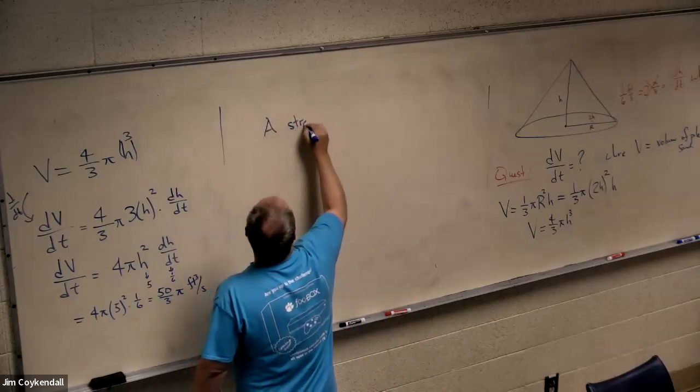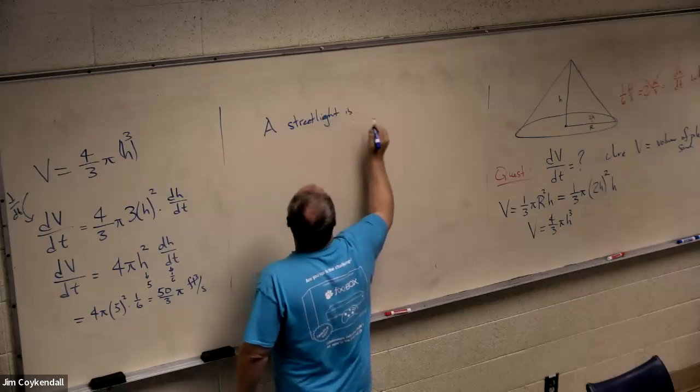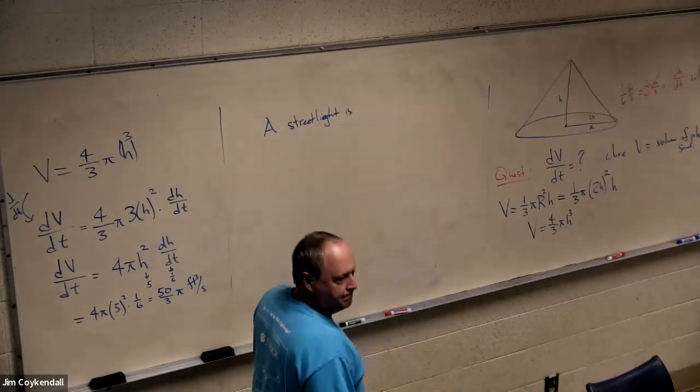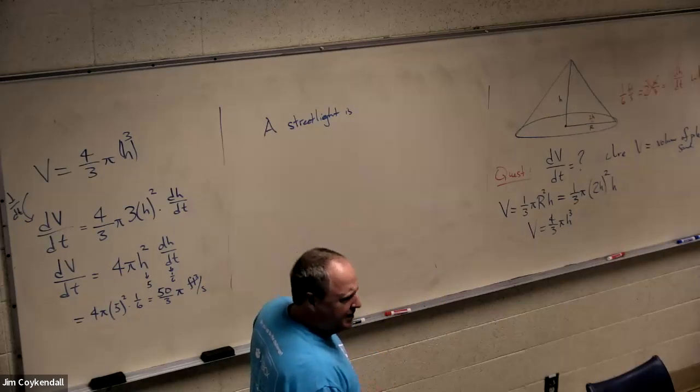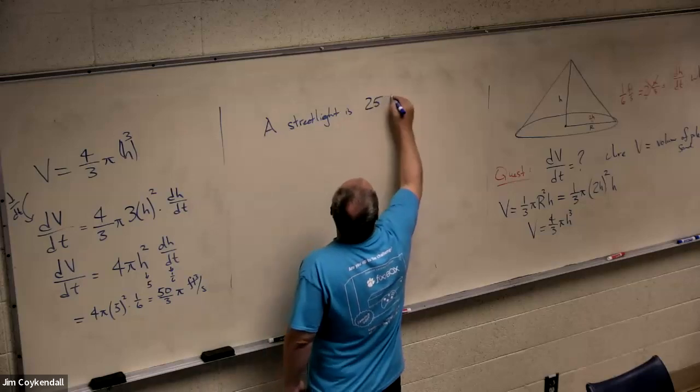A street light is, I don't know, 20 feet, 25 feet. 25 feet.